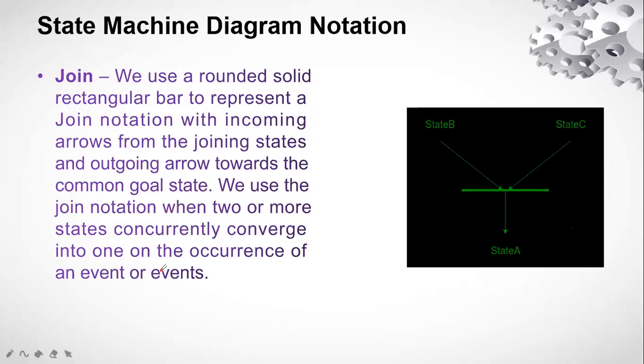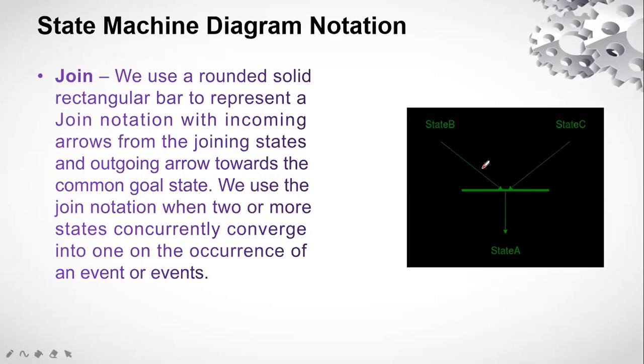Next one is join. Join is just the opposite of the fork. That means when two states come together and are joined to form one state, it is called a join. We use a rounded solid rectangular bar to represent a join notation with incoming arrows from the joining states.